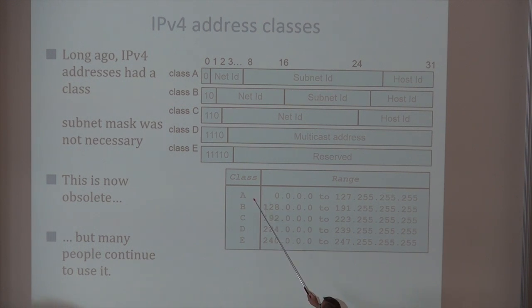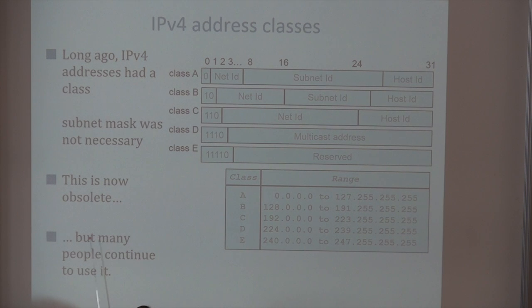And the idea was that the class A networks would be very large networks, where the network part would be essentially 1 byte. The class B network would be smaller networks, where the network part would be 16 bits, which is shown here on this slide. And the class C network would be smaller networks, where the network part would be 24 bits.